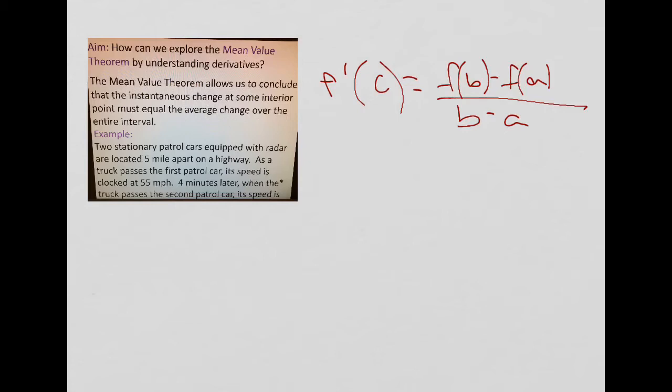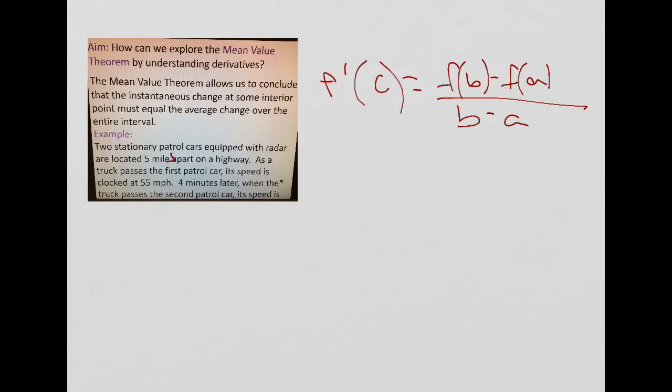So I had borrowed this one from another teacher, and in this example it says, two stationary patrol cars equipped with radar are located 5 miles apart on a highway. As the truck passes the first patrol car, its speed is clocked at 55 miles per hour.